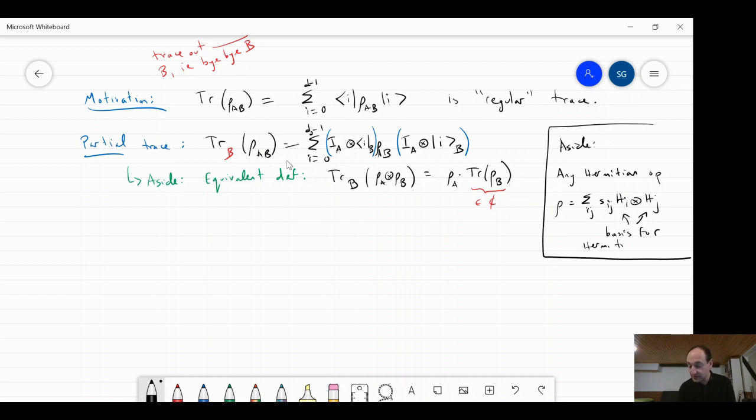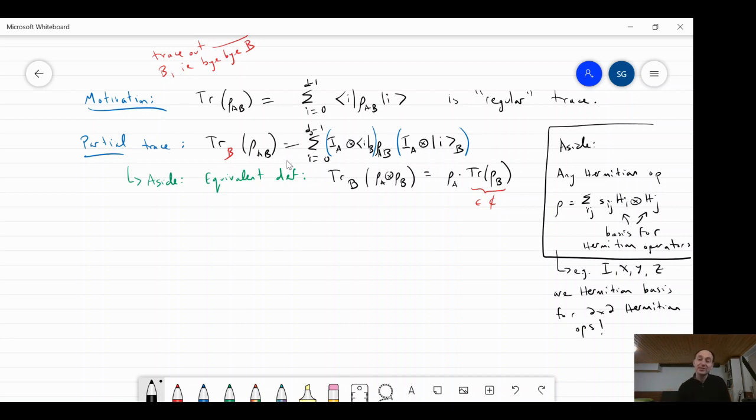Just like vectors have a basis, Hermitian matrices can also have a basis in terms of operators, right? So an example of such a basis, by the way, is that identity plus the 3 Pauli operators are a Hermitian basis for 2x2 Hermitian operators. Okay?